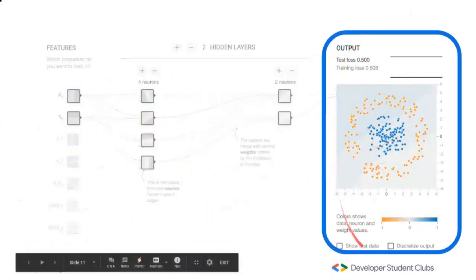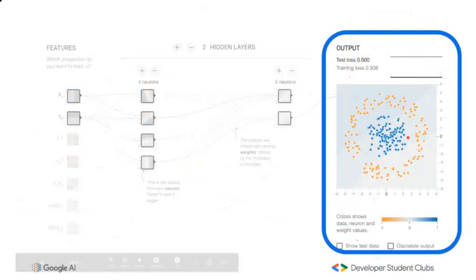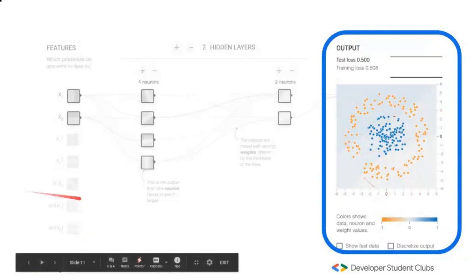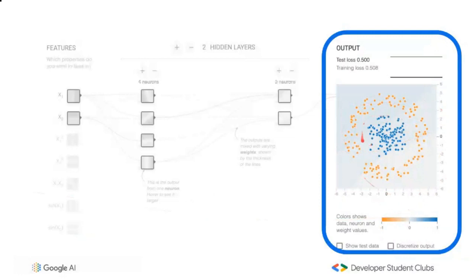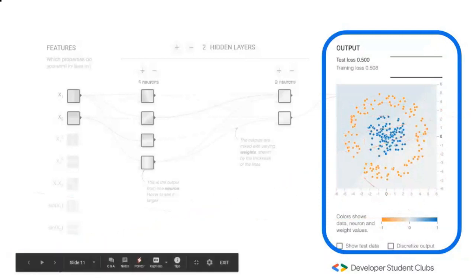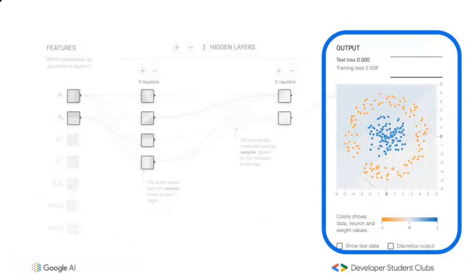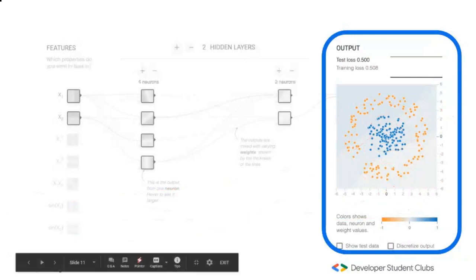So here is the output. I have a question. Can you separate the blue dots and orange dots using a single straight line? Is there any way you can separate blue dots and orange dots using a single straight line? Well, definitely not. What would you require to separate these dots?